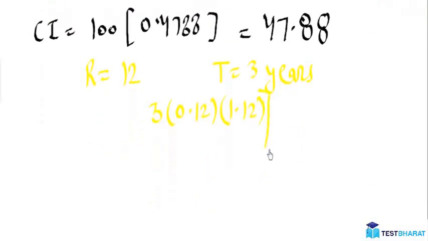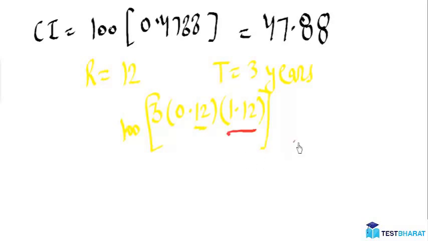Now I have to multiply it with principal. Let's say my principal is 100 rupees, so you just have to multiply once, this 0.12 into 1.12.